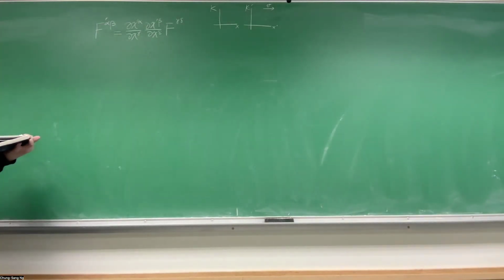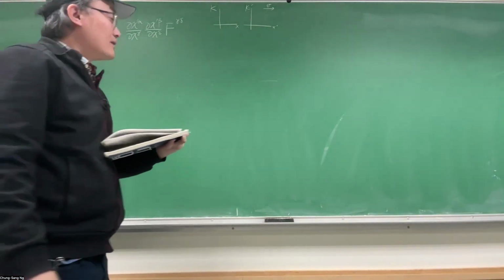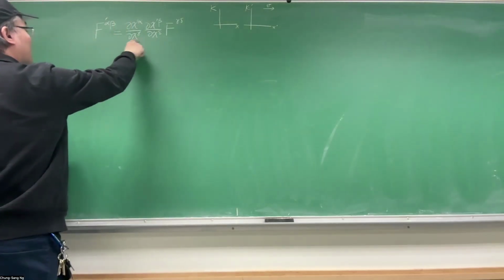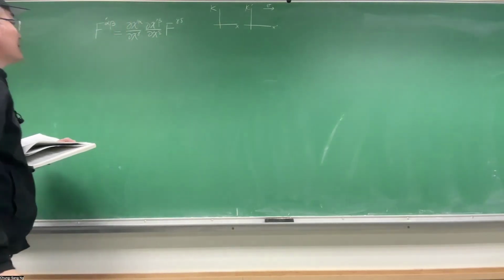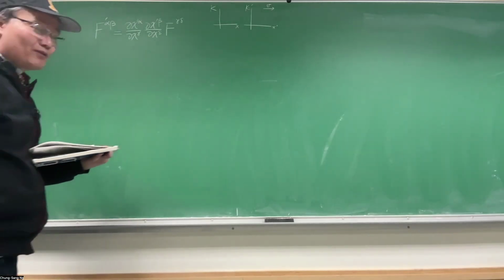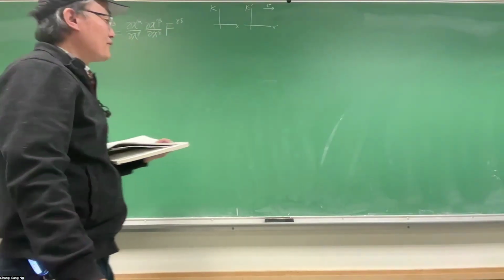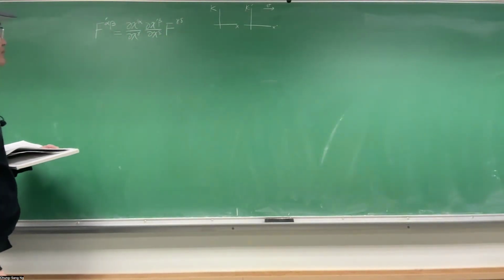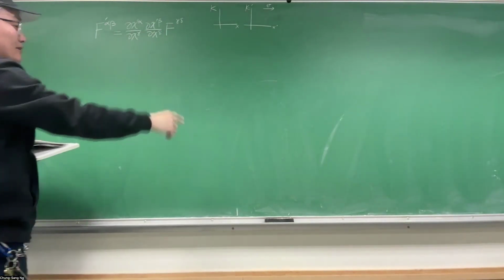Okay, so the transformation rule is like that. So you know that these are just Lorentz transformations, and you know how to write it down. Then you can say that's the end of it, or whatever field you want to transform, you just do this multiplication.